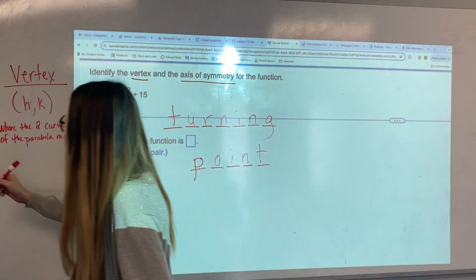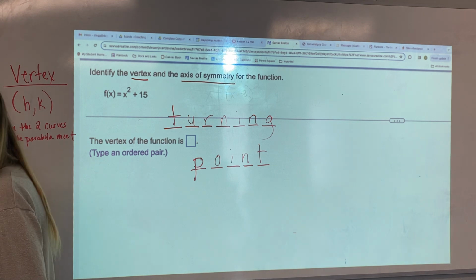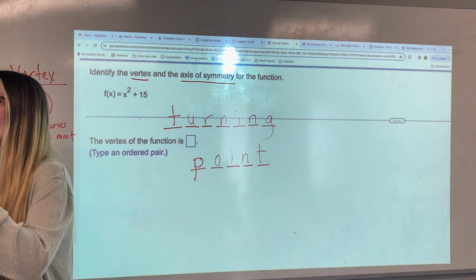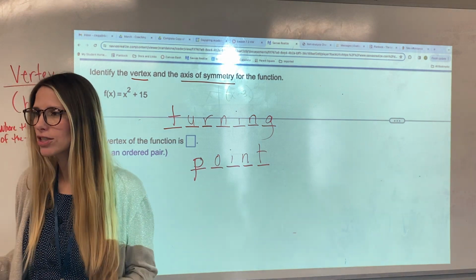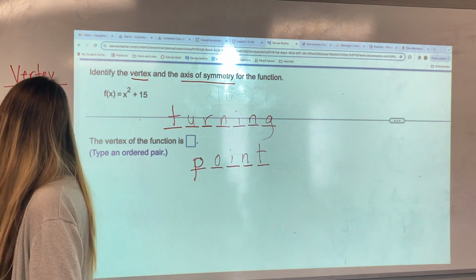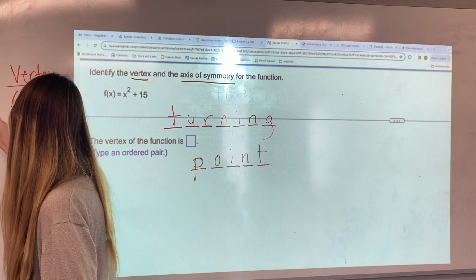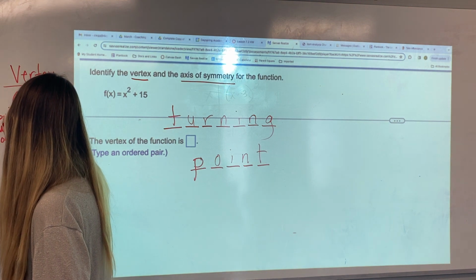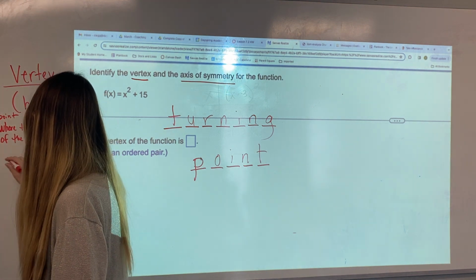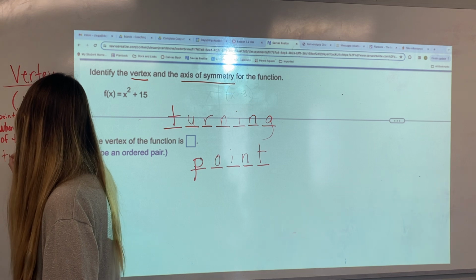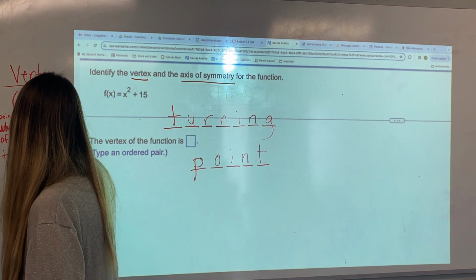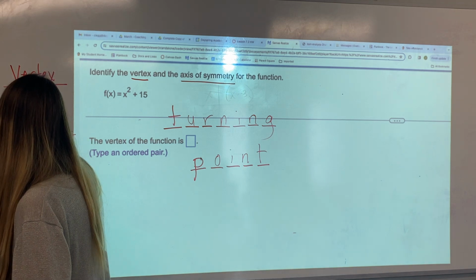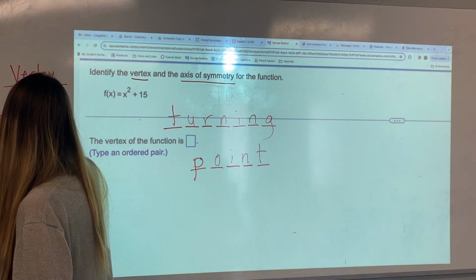The vertex is the point where the parabola turns or changes direction. So we can say that it's the point where the two curves of the parabola meet. You can also call it the turning point of the parabola.